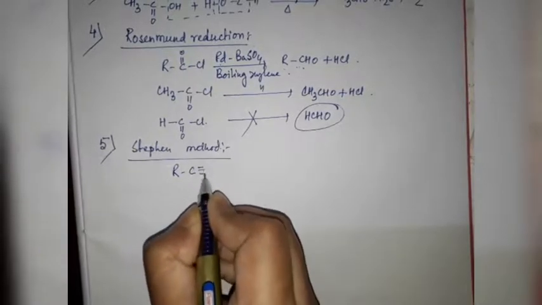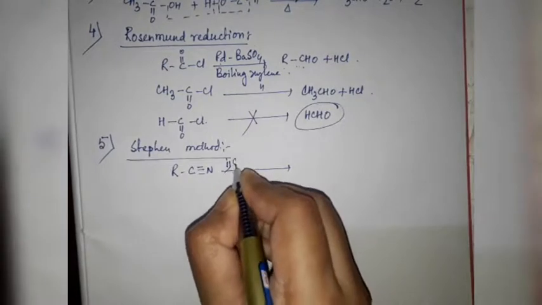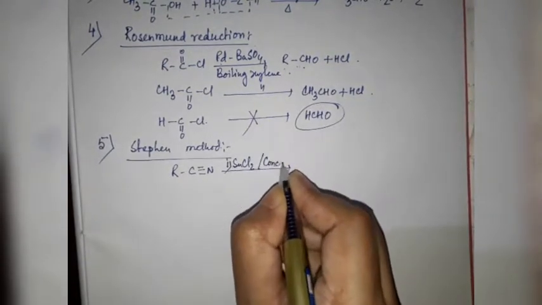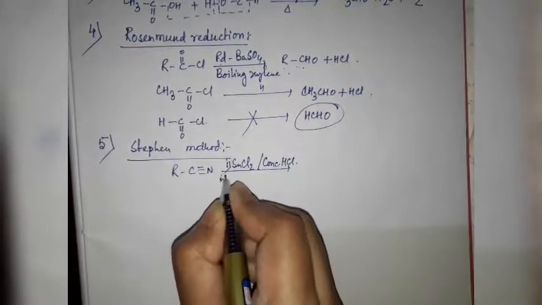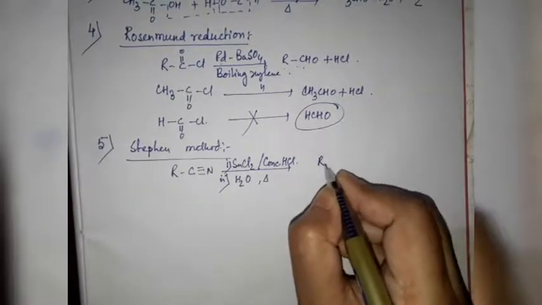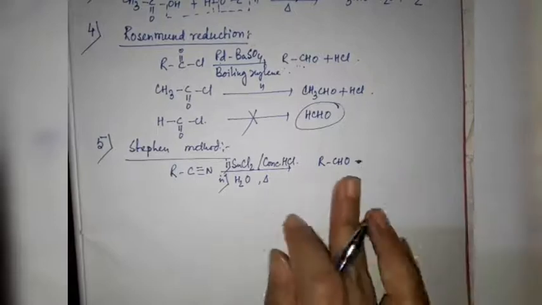This is RCN, that means alkyl cyanide, and we are treating it with stannous chloride, concentrated HCl, and after that hydrolysis. So we can get RCHO as our product.